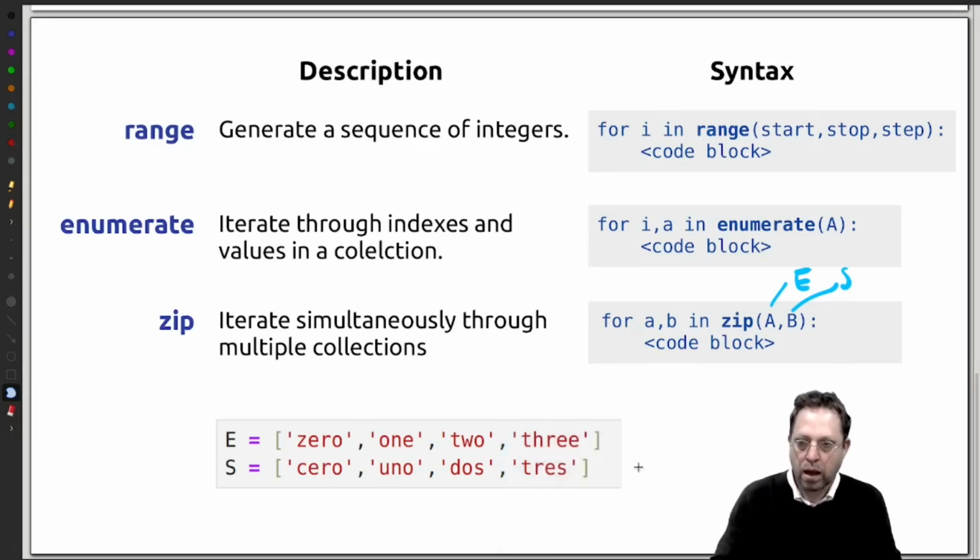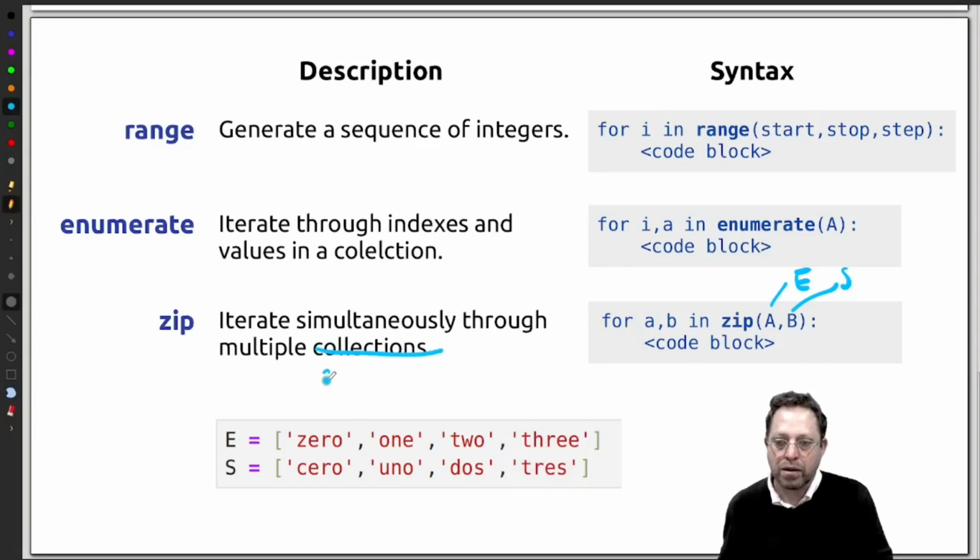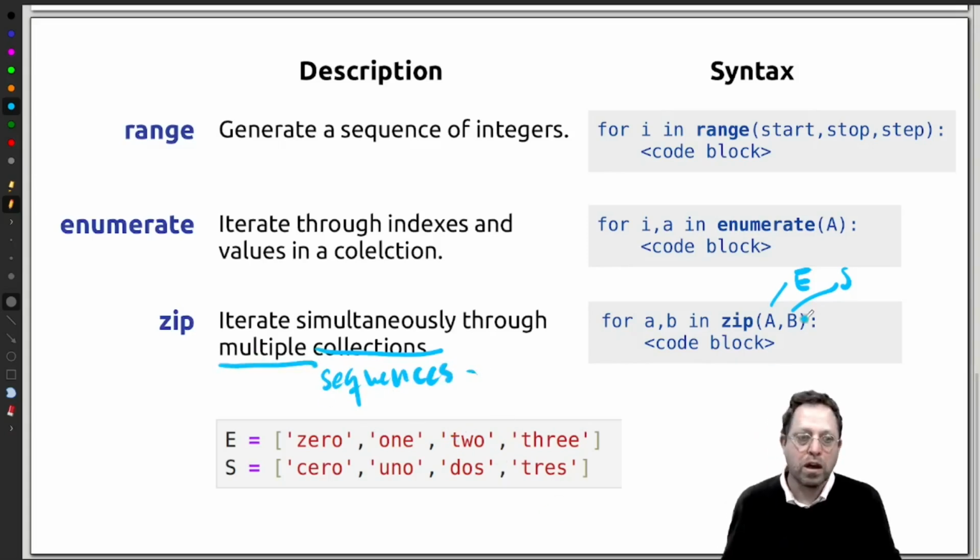So zip can be used to iterate simultaneously through multiple collections, or rather through multiple sequences. They have to be ordered. And they can be multiple, not only two. You can use zip to iterate through 3, 4, 5, any number of sequences simultaneously. So let's see how that applies to our problem.